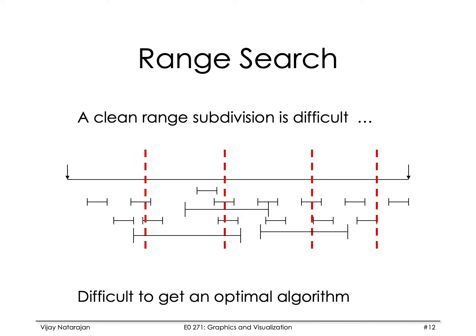Now, of course, things are not going to be as clean as what I showed them to be. In most cases, we are not going to be able to get a clean subdivision of the range. So for example, here we have a subdivision using dashed lines, and none of the subintervals here contain a clean set of intervals.